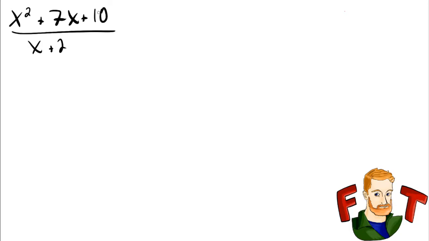All right, so that is a 10. And we discovered for these longer ones, it only really makes sense to use long division. So x plus 2. We're going to do that a little bit lower, give myself a little bit of room.